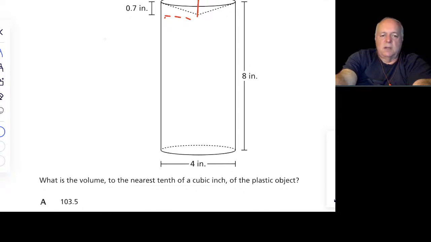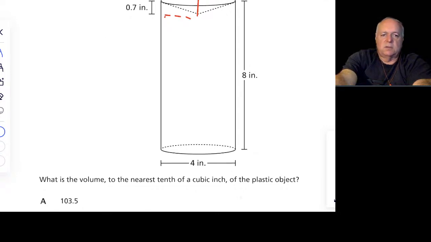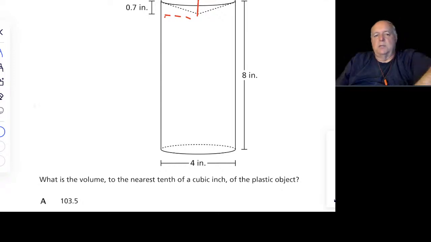Let me just make sure I'm going to keep moving this till it's still on the screen. All right, so what we need to do is use our formulas.